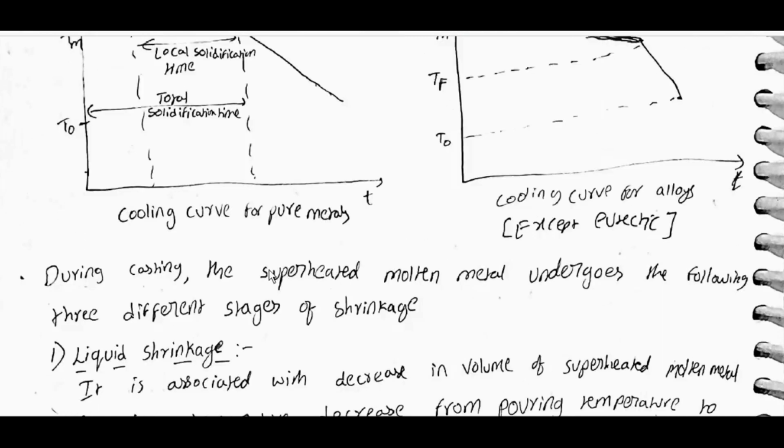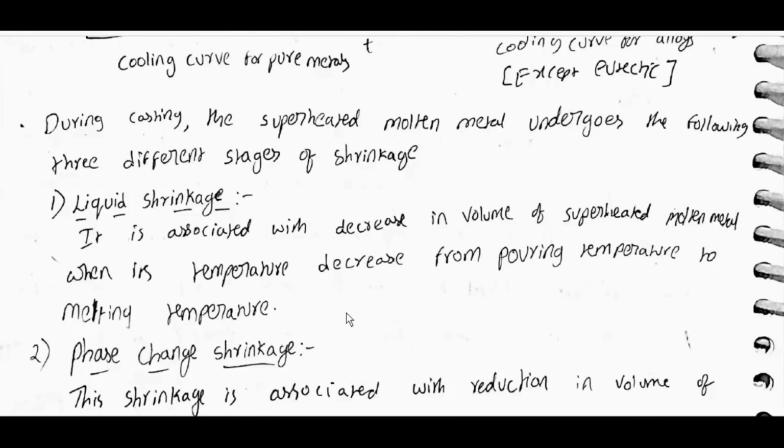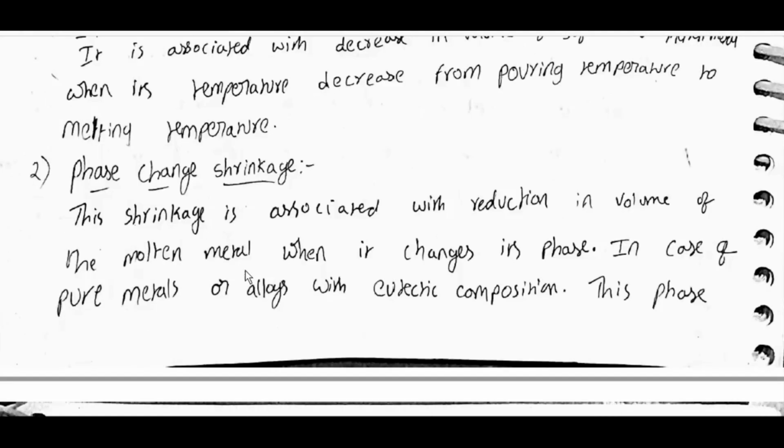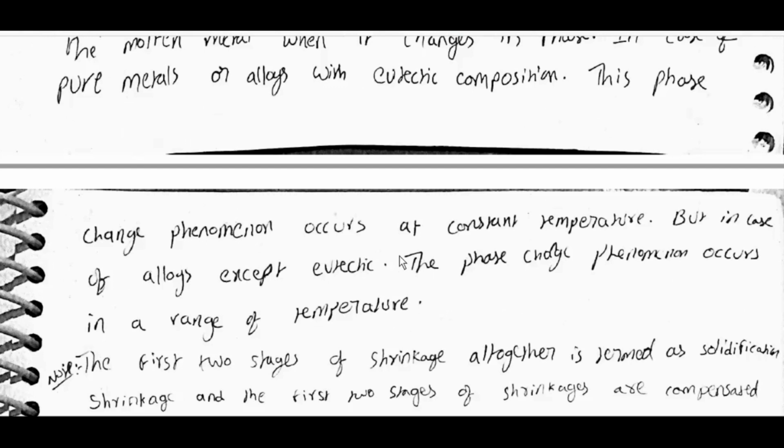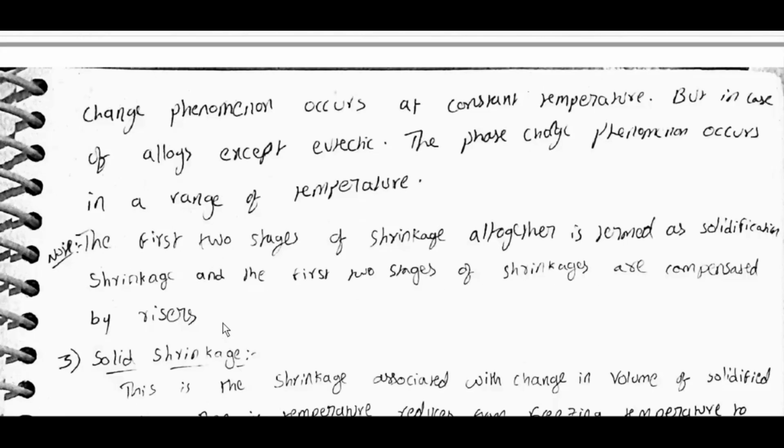During casting, the superheated molten metal undergoes the following three different stages of shrinkage. Liquid shrinkage is associated with a decrease in volume of the superheated molten metal when its temperature decreases from pouring temperature to melting temperature. Phase change shrinkage is associated with reduction in volume of the molten metal when it changes its phase. In the case of pure metals or alloys with eutectic composition, this phase change occurs at constant temperature, but in alloys except eutectic, the phase change occurs in a range of temperature.